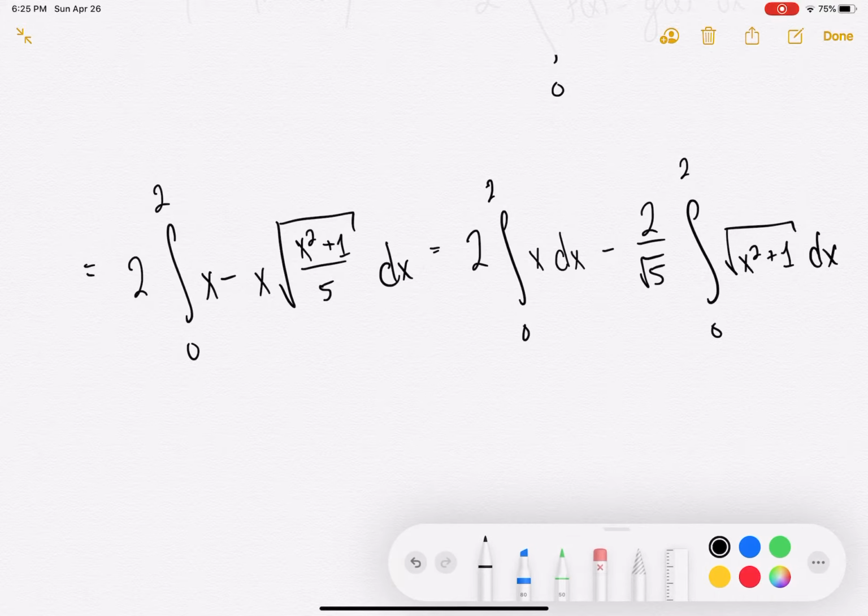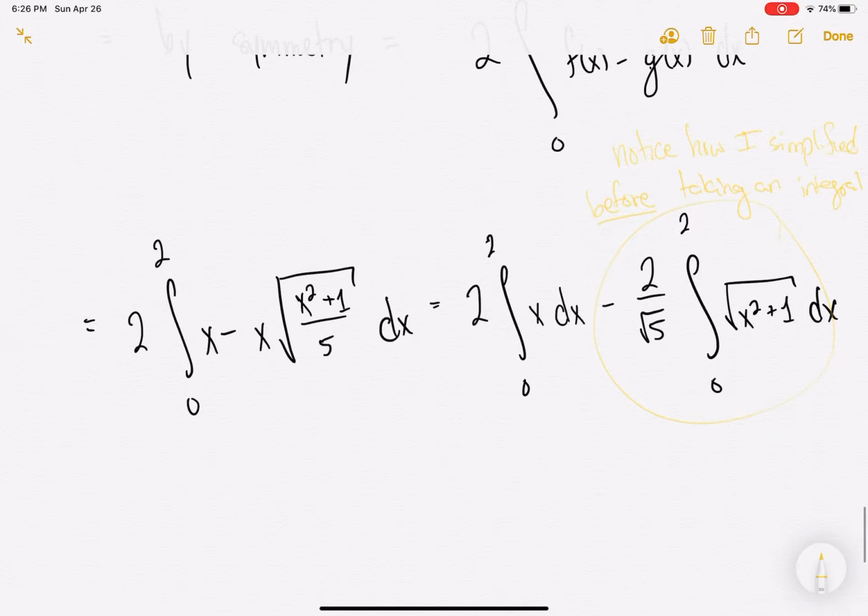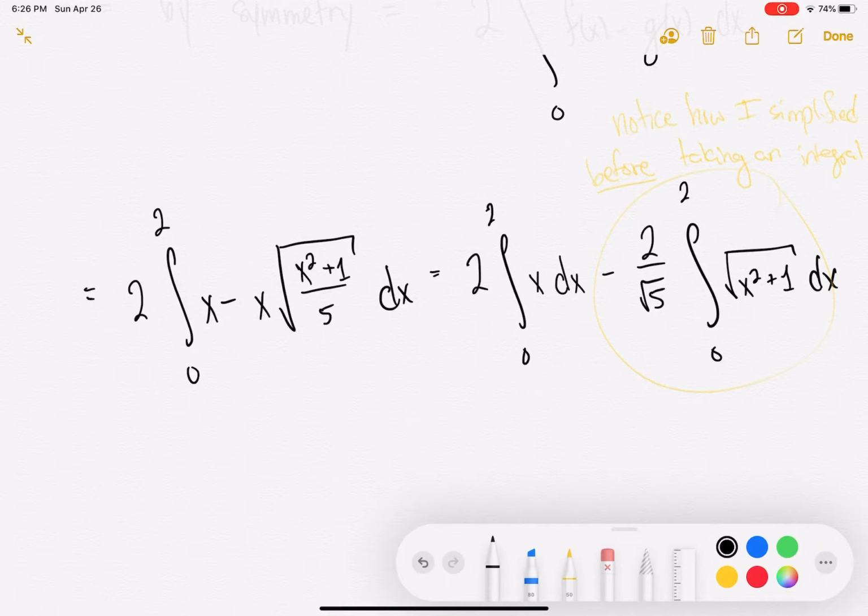And we've gotten to that point, but I feel like I have to mention it again. Notice how I simplified before taking an integral. So just simplify all your stuff before taking an integral.